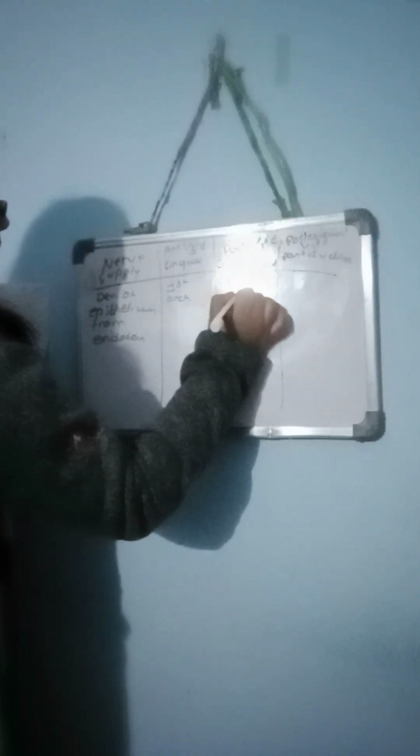Now development of epithelium from endoderm. They develop from the first arch, they develop from the third arch, and they develop from the fourth arch.